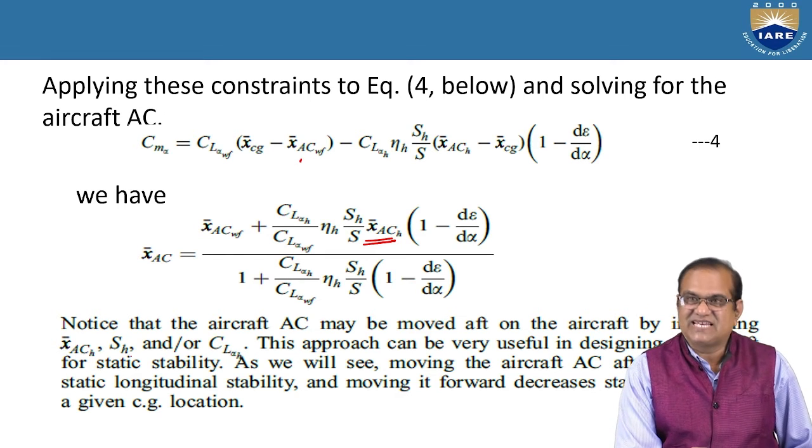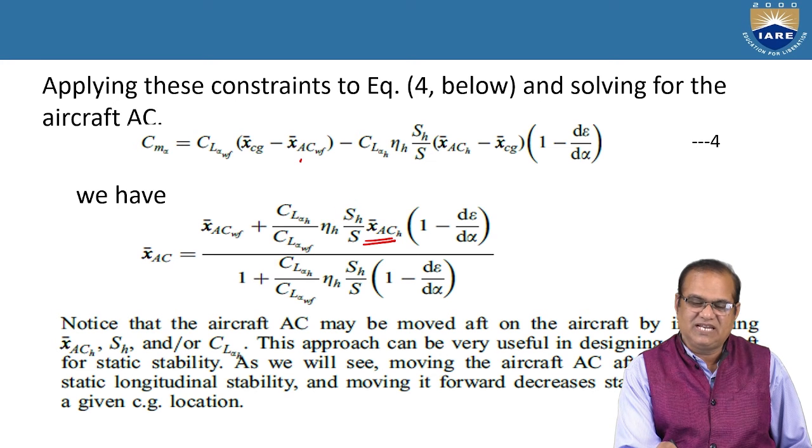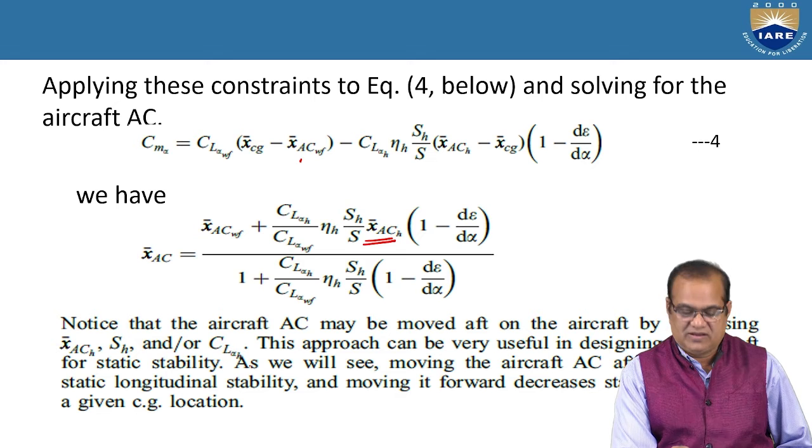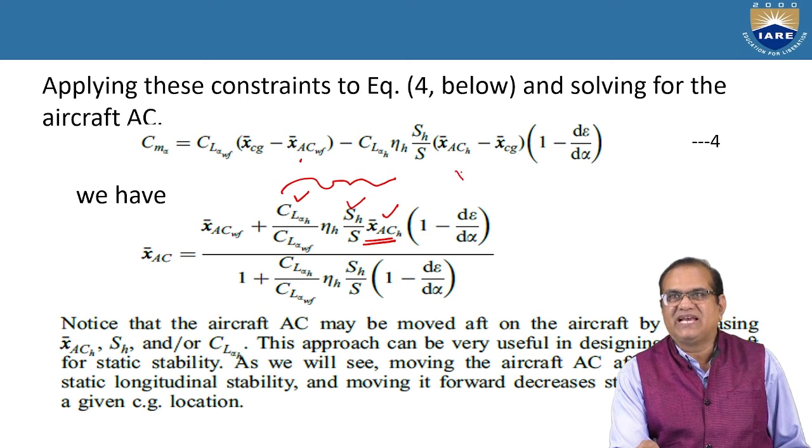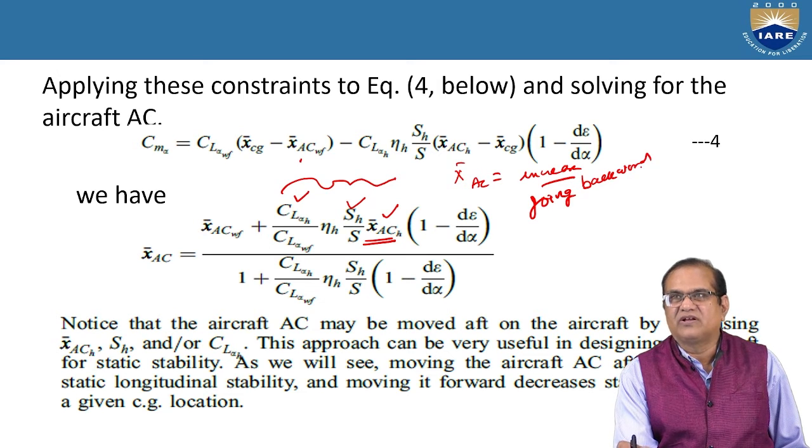Or you increase SH, the area of the horizontal tail, and or CL alpha W, CL alpha H. So either you increase this, or this, or these three parameters. If you increase them, the X bar AC will be increased, meaning going backward. So that is the meaning of this.